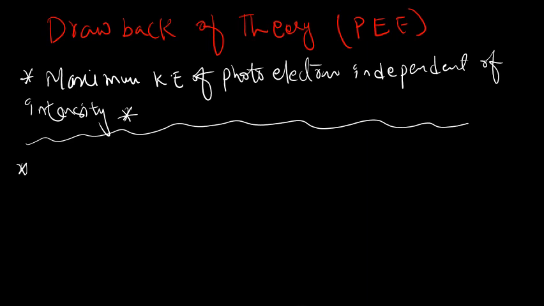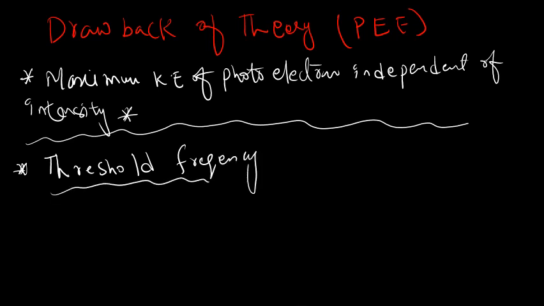The second drawback of this theory is that of the threshold frequency, that is, the minimum frequency at which we can start the photoelectric effect and observe the photocurrent.